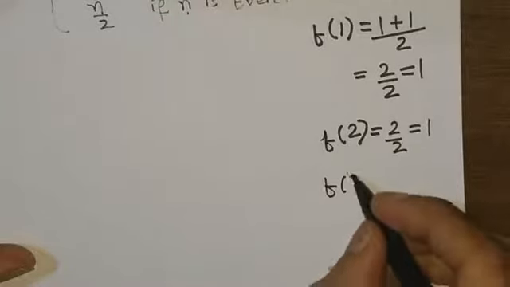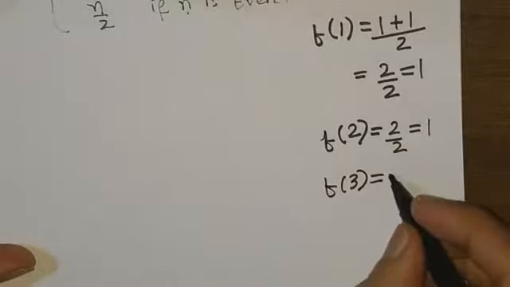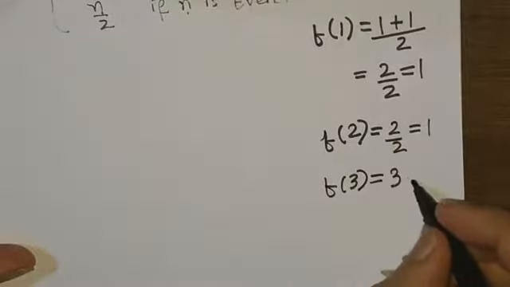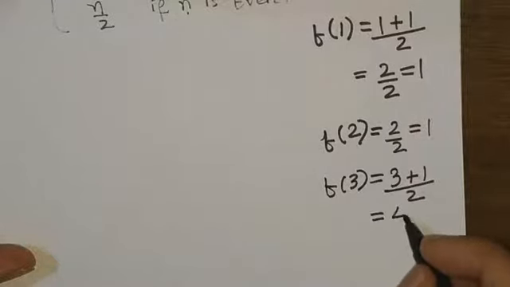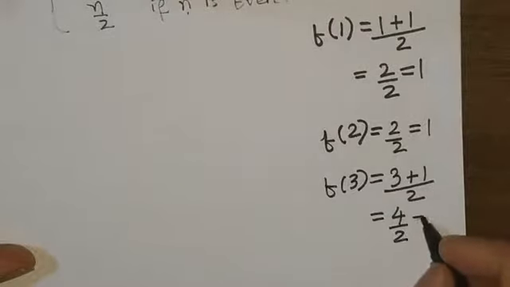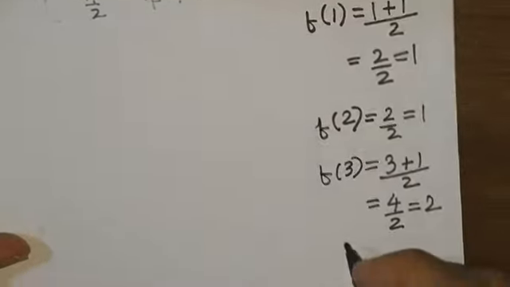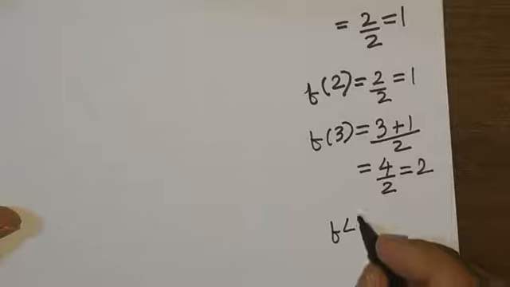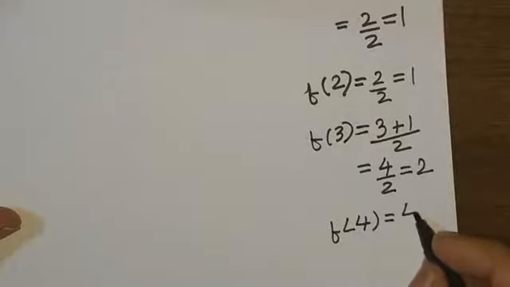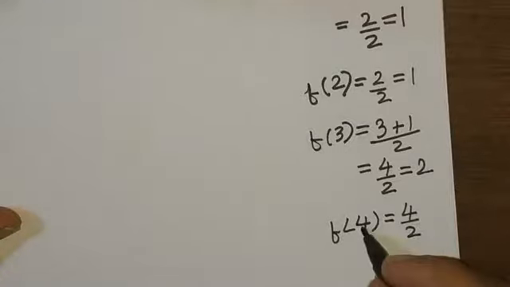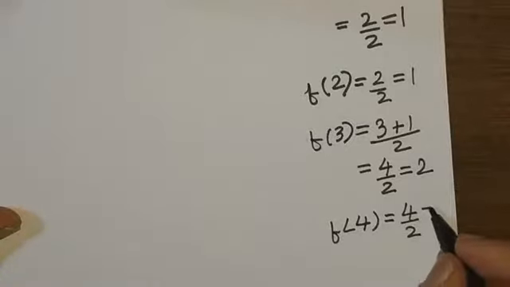Now if we check f of 3, since 3 is odd, the function value will be (3 plus 1) by 2, which is equal to 4 by 2, which is equal to 2. And if we look at f of 4, then it will be equal to 4 by 2 because 4 is even, and 4 by 2 is equal to 2.